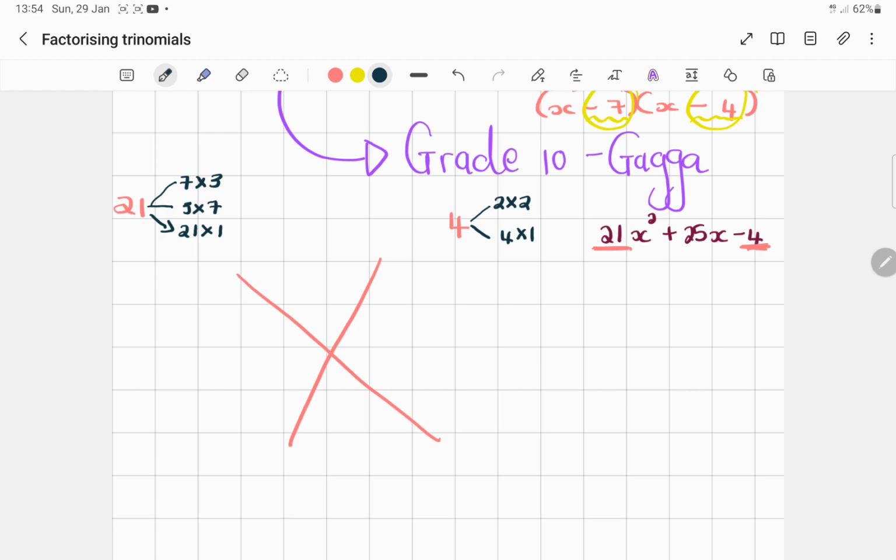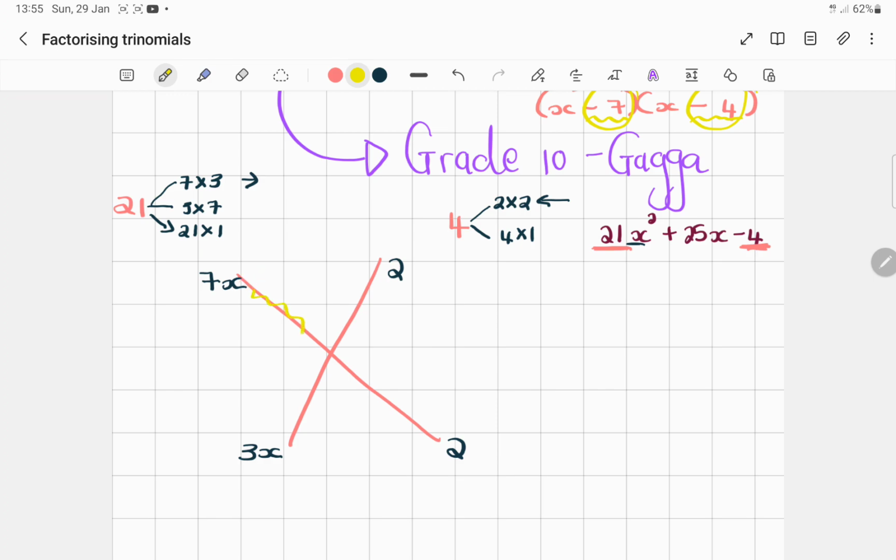So now we want to write down our values. It's a bit of a guessing game. So I'm going to put the 7, and because there's an x, I'm going to write the 7x there, and working with this one, 7 times 3, so 3x over there. Then I'm going to go with the 2 by 2, so 2 and 2. So then you're going to do the cross method.